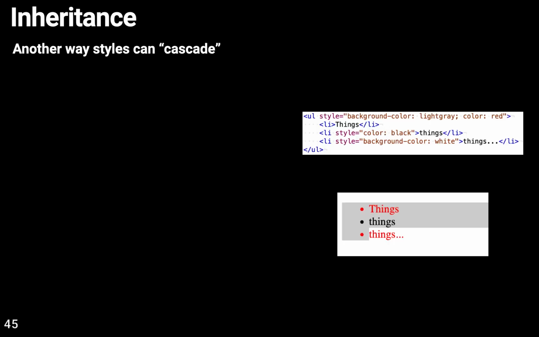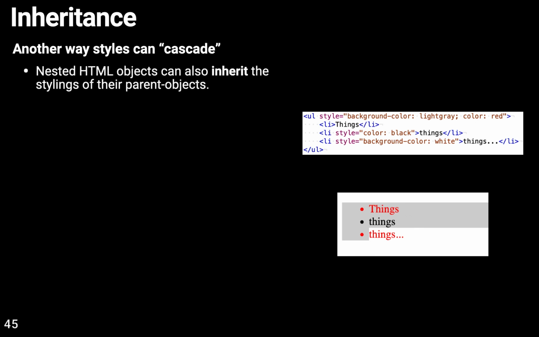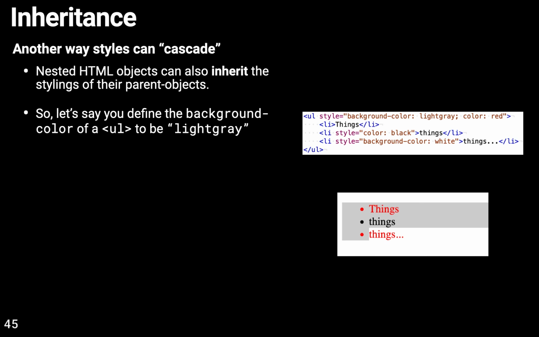Okay. Another way that styles can cascade is inheritance. Nested HTML objects can also inherit their parents' properties. So quick example, if I say, hey, I want this unordered list to have the background light gray, right?